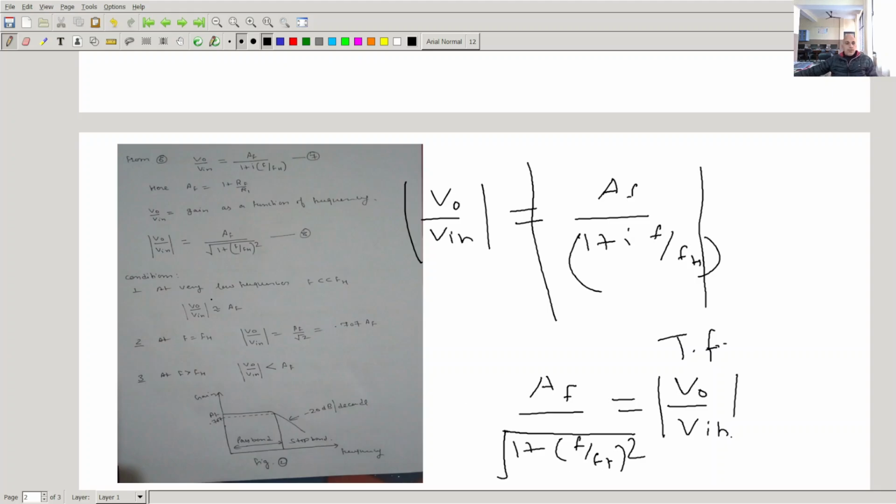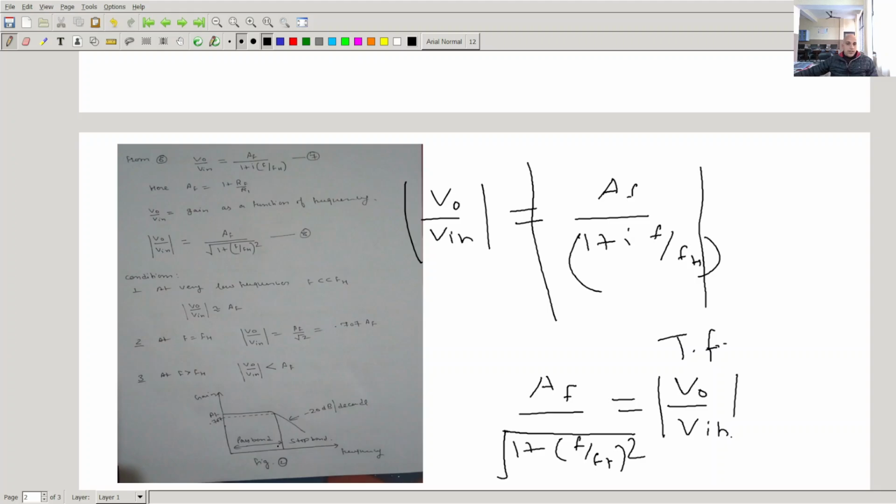So our task was to derive this expression. Clear? To derive the expression for the transfer function. So here FH is equal to 1 upon 2 pi RC. This is called the cutoff frequency, the highest frequency that is allowed to be passed by this filter, because it is a low pass filter.